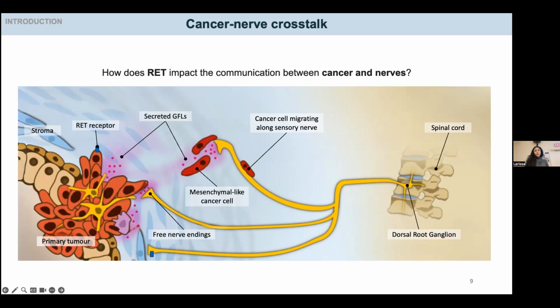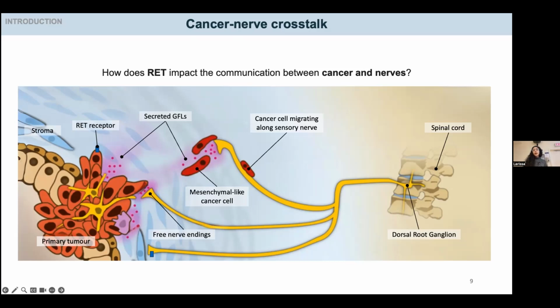These are essential functions for the development and maintenance of the sensory neurons. What's intriguing is that there's still a lot to uncover regarding how RET may mediate the interactions between these two distinct cell populations in the context of PDAC.